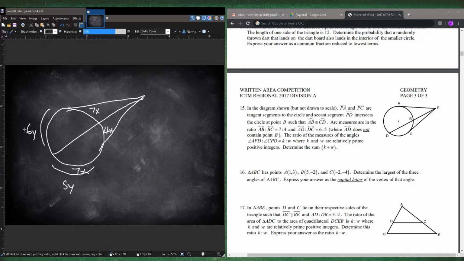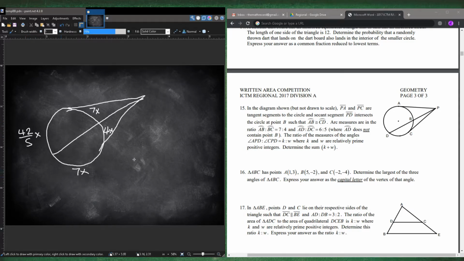But this is already 7x, so we just need to scale that from 5y to 6y. So we just need to multiply by 6 over 5, okay? So 7x times 6 over 5. Okay, so that is just 42 over 5x, okay?